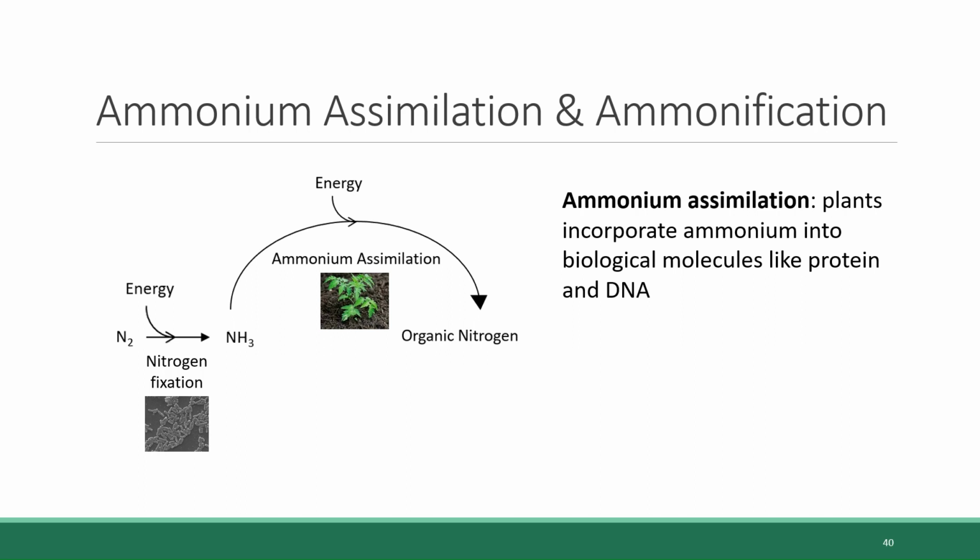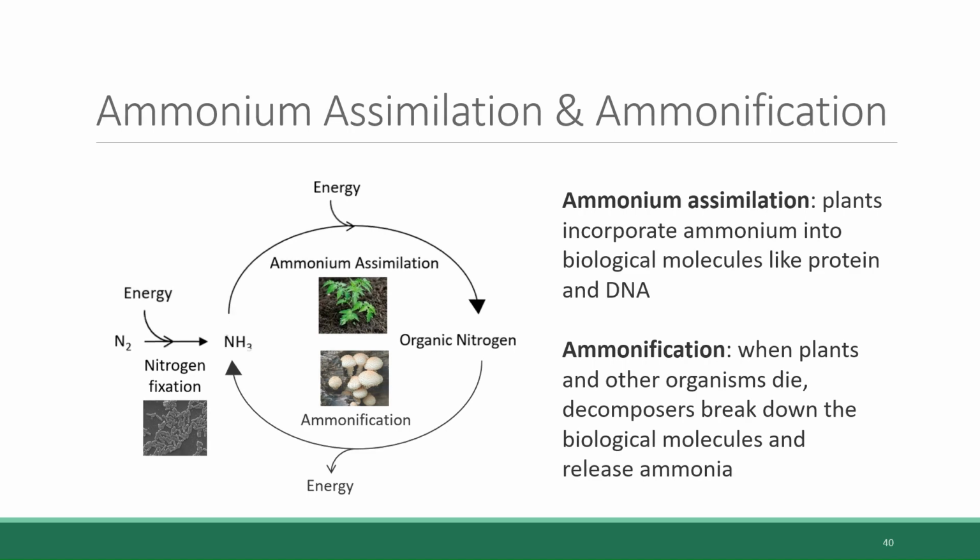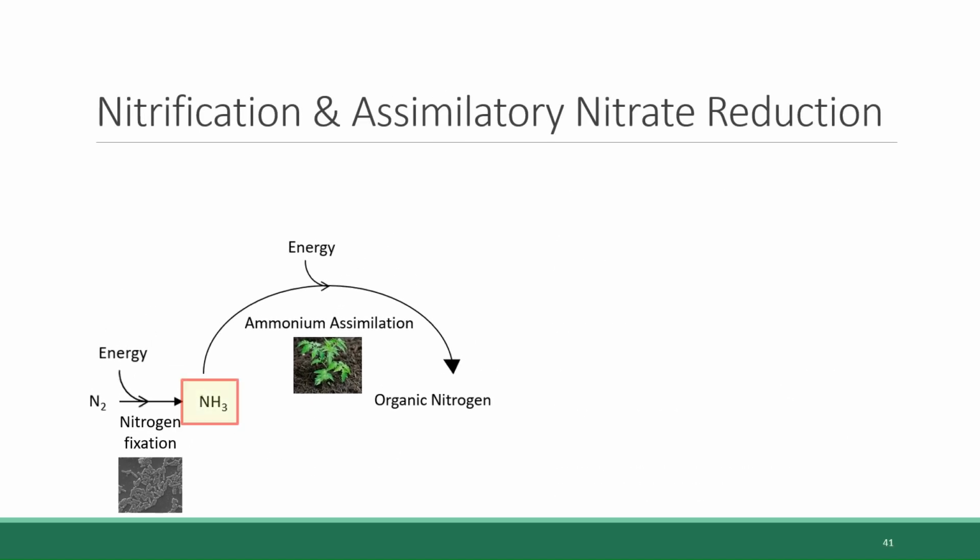But there's actually another layer of complexity because this ammonia here is not only in demand by plants, but also by certain types of soil bacteria called nitrifying bacteria. And nitrifying bacteria don't want the ammonia for its nitrogen, but rather for its electrons.